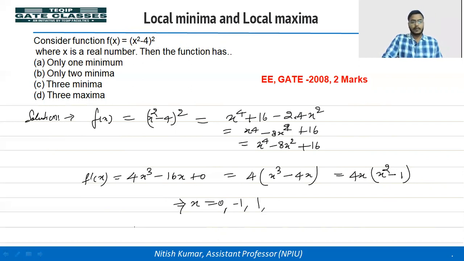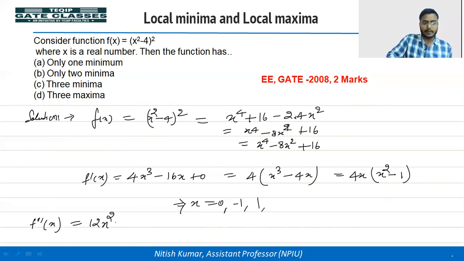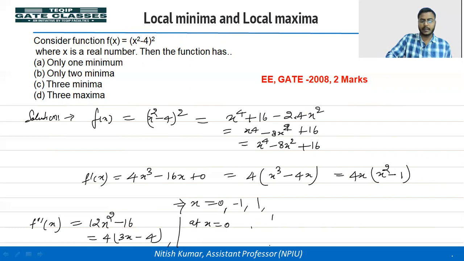Right. So we can check the double differentiation. Do the double differentiation first: f''(x) = 12x² − 16. So we can take a common 4. What are you getting? 4(3x² − 4). Right, at x = 0, what we are getting here?